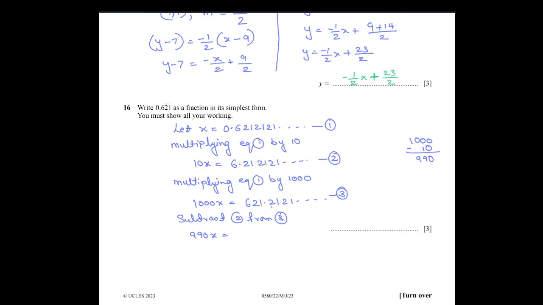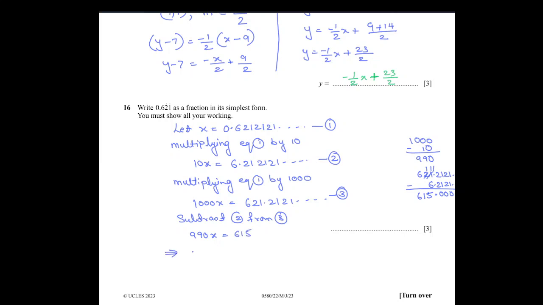And 621.2121 and so on minus 6.2121 and so on. Subtract: after the decimal point you get zeros, and before the decimal point it is 621 minus 6. So 11 minus 6 is 5, and 1 is 615. So you get 615 on the right hand side.